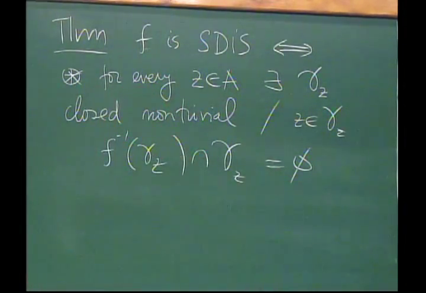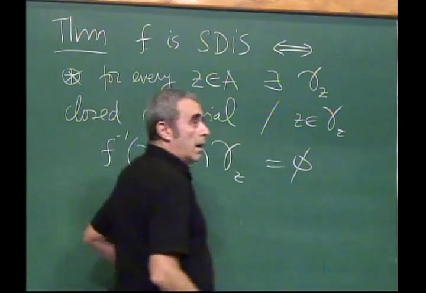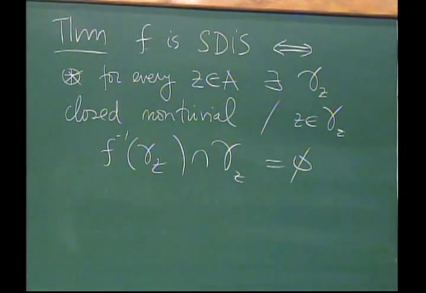So you have the hypothesis there. This hypothesis says that if you have a curve, then the preimage of this curve is disjoint from the curve. You want the curve to be essential? Yes. Non-trivial.